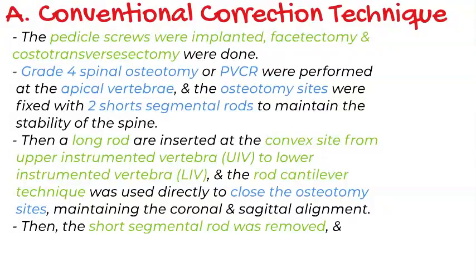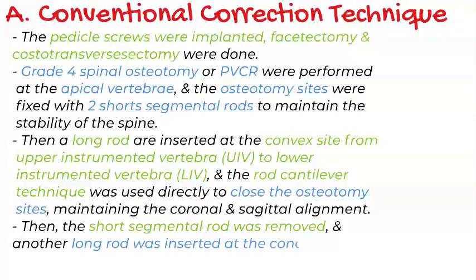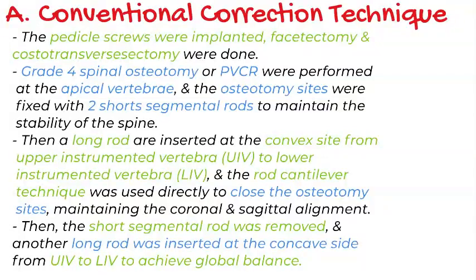Then the short segmental rod was removed and another long rod was inserted at the concave side from upper instrumented vertebra to lower instrumented vertebra to achieve a global balance.